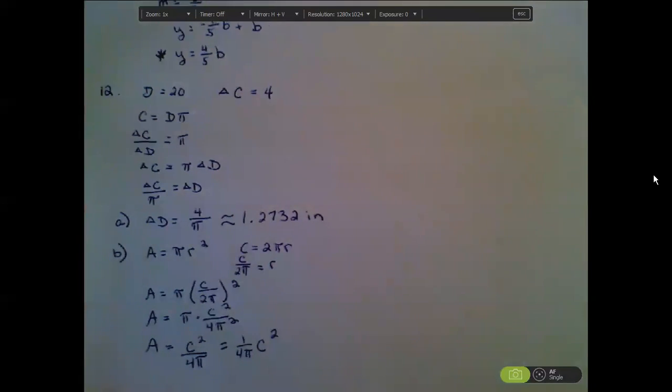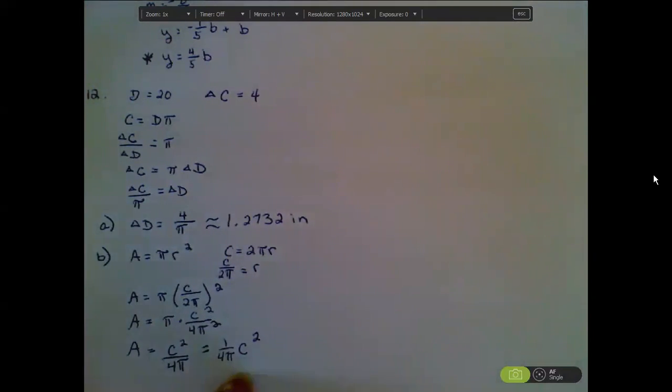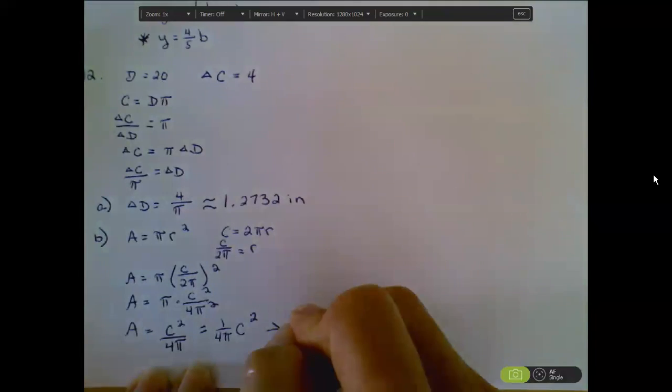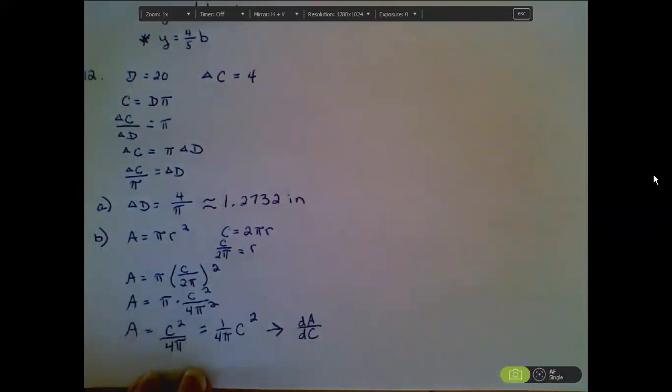Now that I finally have that, I'm going to take the derivative of both sides with respect to the independent variable. If I'd used x's instead of c's, x would be my independent variable. So here C is my independent variable. When I differentiate both sides of that equation, I have the change in A with respect to C equals, C is your independent variable, 1 over 4 pi is a constant.